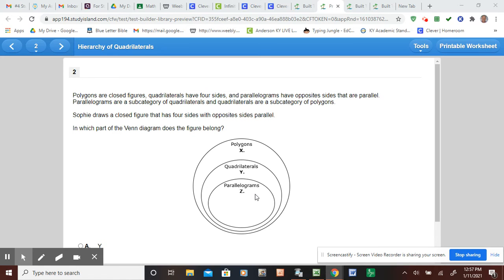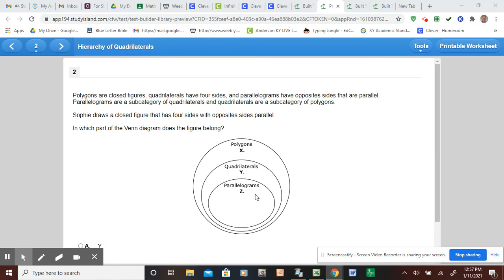Parallelograms, down there in Z, are they in the circle of polygons? Yeah, it's completely in the polygon circle. So all parallelograms are polygons. And if you look closely, all quadrilaterals are polygons, because that circle on the inside is also inside the circle for polygons.